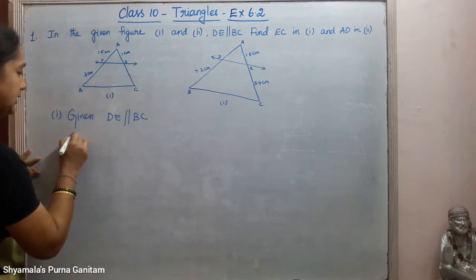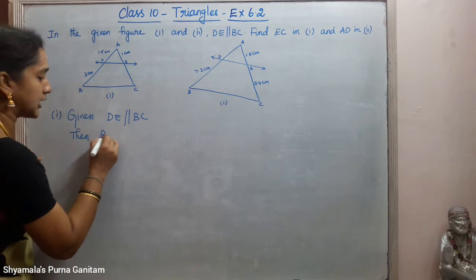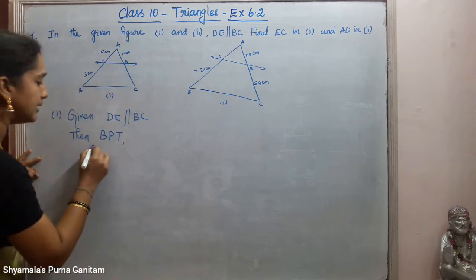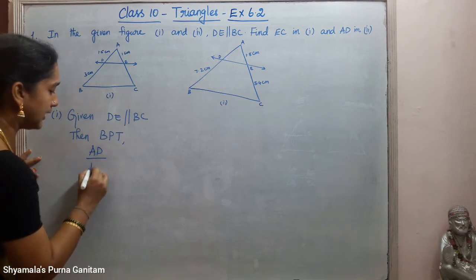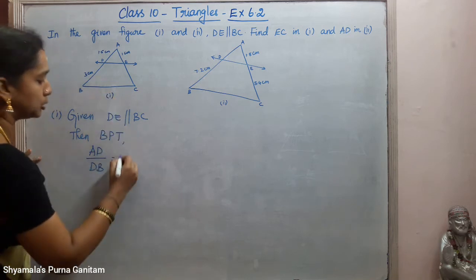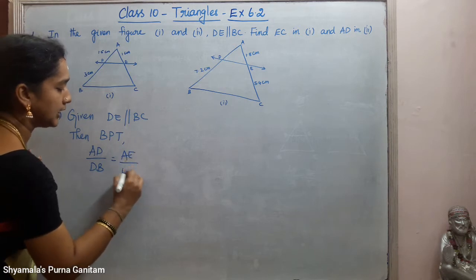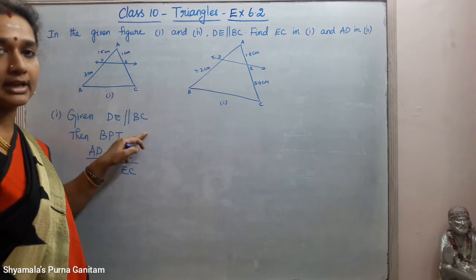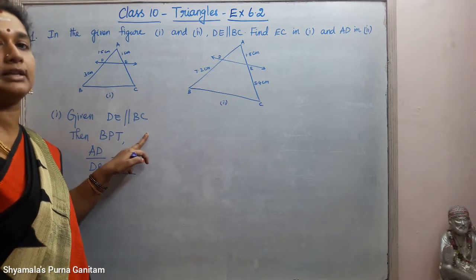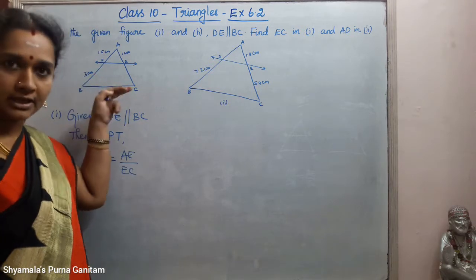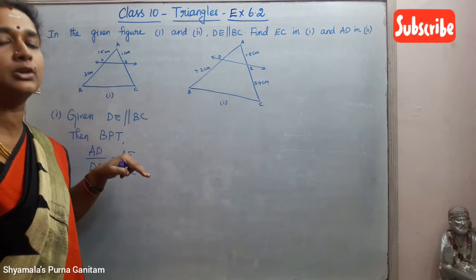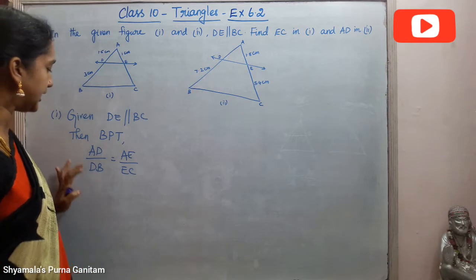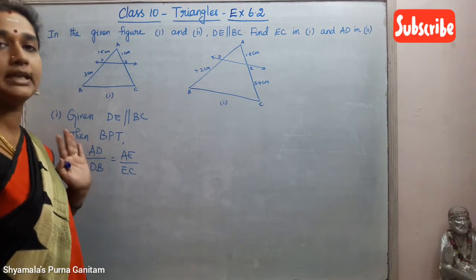Then by basic proportionality theorem, BPT, AD by DB is equal to AE by EC. If a line is drawn parallel to the third side of the triangle, then the sides are proportional: AD by DB is equal to AE by EC.